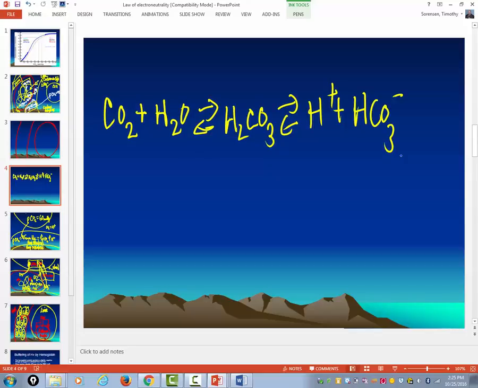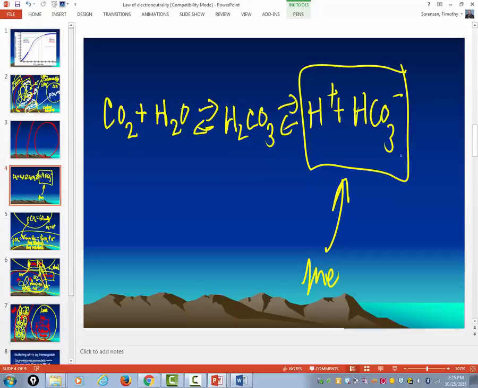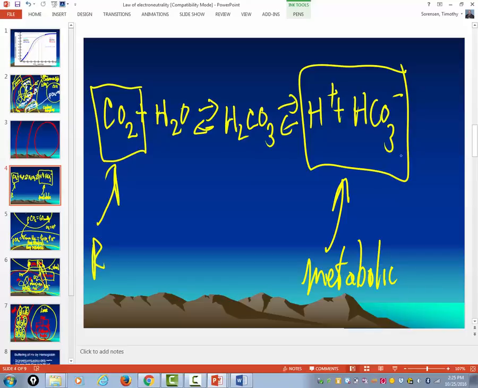So, if you look here, this is kind of like the metabolic side of the equation. Metabolic. Right? And this is the respiratory side of the equation. Right? We talked about this.